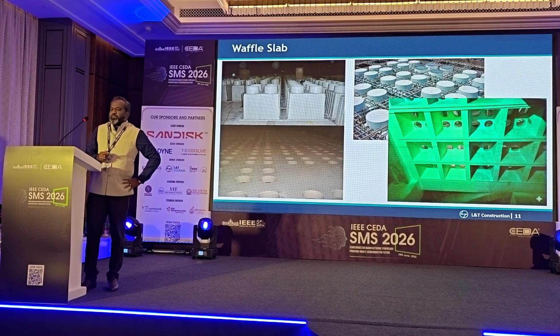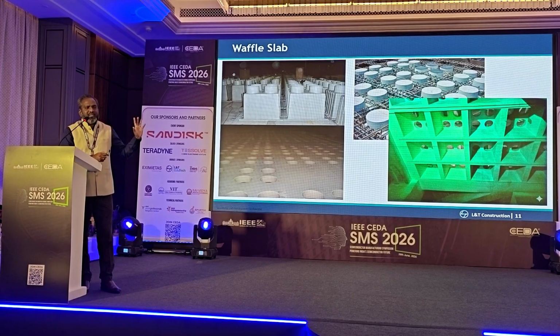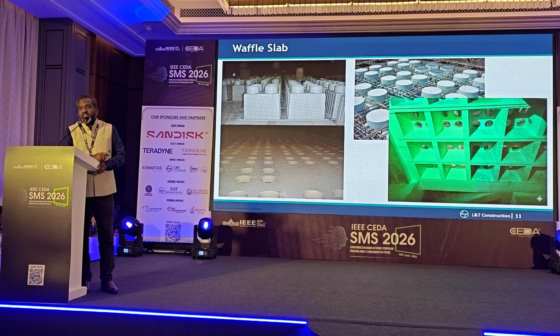So L30, the very important thing is, all the other structural systems of the fab are a typical structural system that you would see in any construction. L30 is a very critical one. The primary reason is vibration, right? You have a lithography machine, and you are talking about 2 nanometers, 20 nanometers.